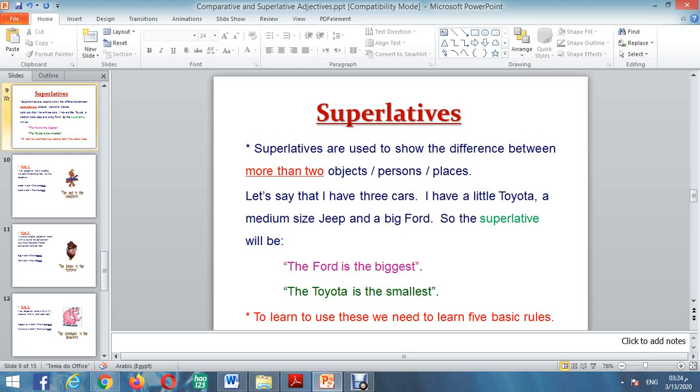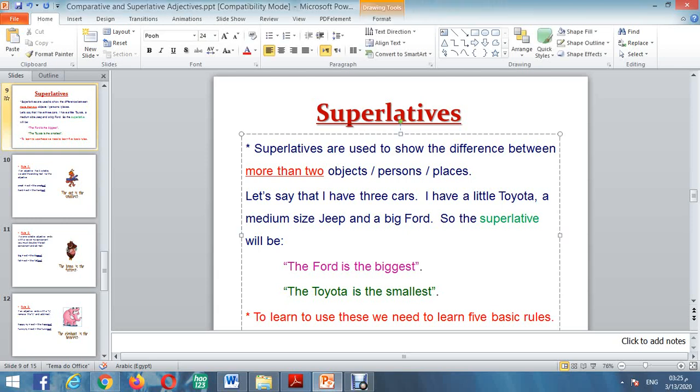Now I am rich. Last example is 2 cars, now became 3, no problem. Let's say that I have 3 cars. I have a little Toyota, a medium-sized Jeep, a big Ford. So the superlative will be like this. The Ford is the biggest.